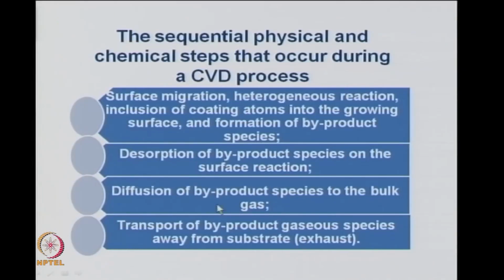So, these are subsequent steps after the charged nuclei or neutral monomers or oligomers come onto the substrate surface. Then surface migration and subsequent reactions and the desorption of the byproduct take place, and the byproduct has to be eliminated or transported away from the substrate.